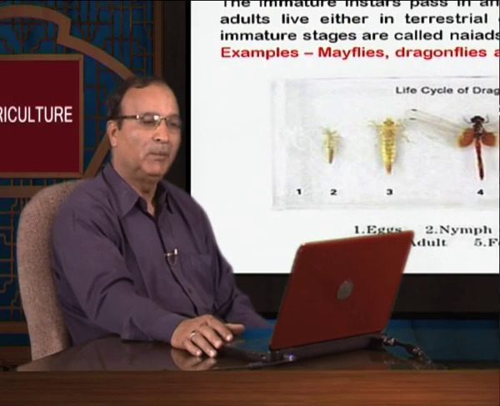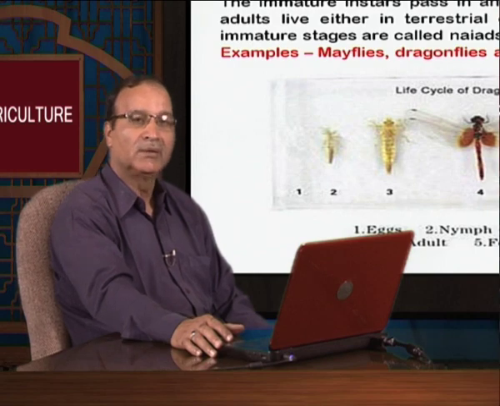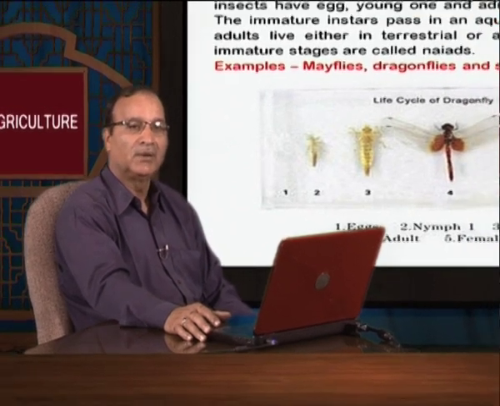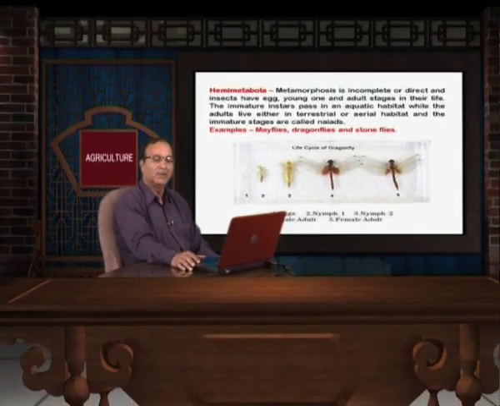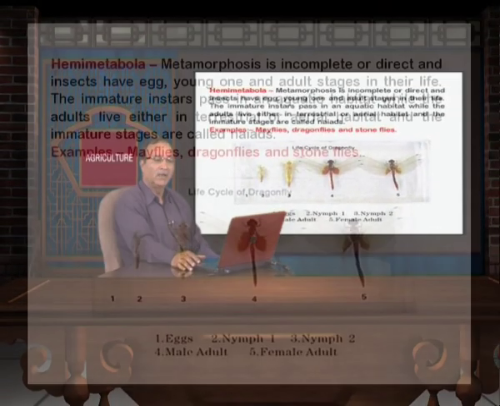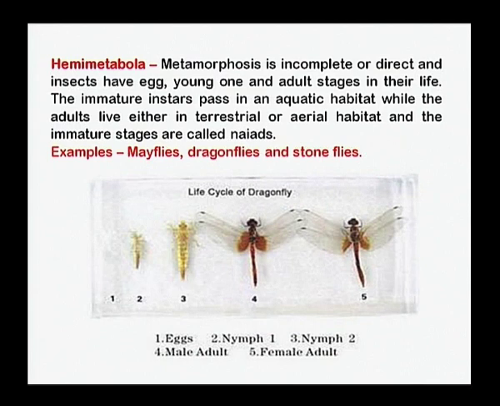With regard to the hemimetabolous, hemi means something is absent or something is missing. It means one stage of the life cycle is missing, and that is the pupal stage invariably, or the pupal stage is missing in most of the cases. And the life stages include the egg, young ones and adult stages.